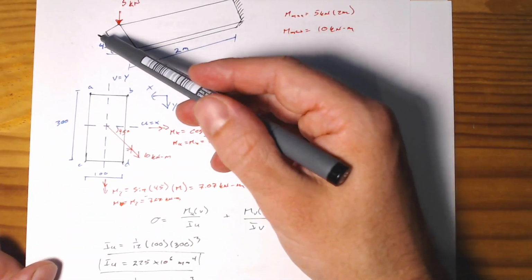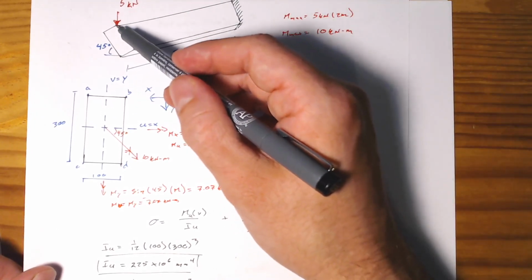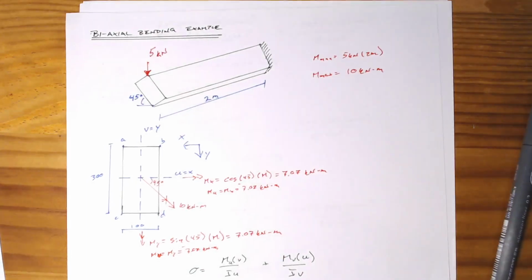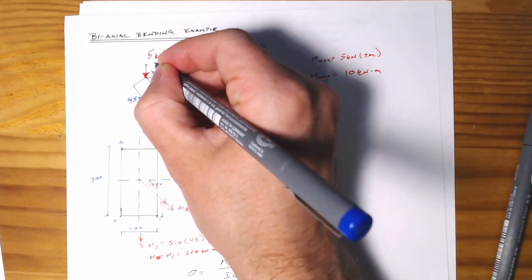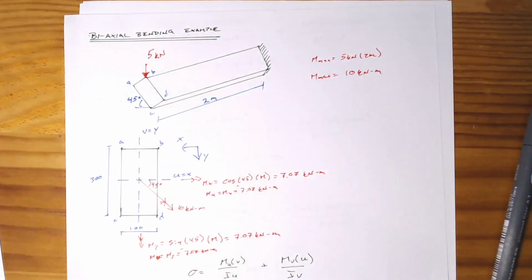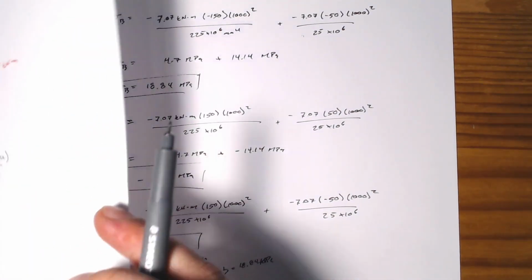But by looking at what the structure is going to do, we know the top is going to be in tension, and we know the bottom is going to be in compression. So if this is effectively B, A, C, and D, that helps us make sure that we're working out the right orientations.